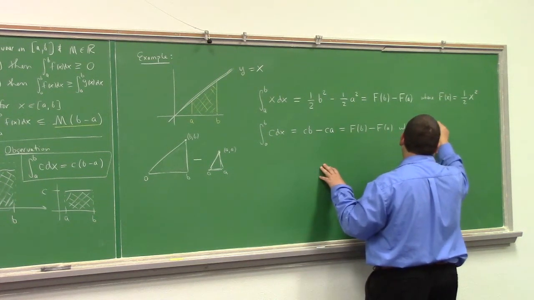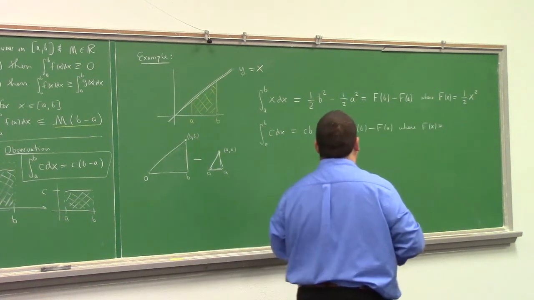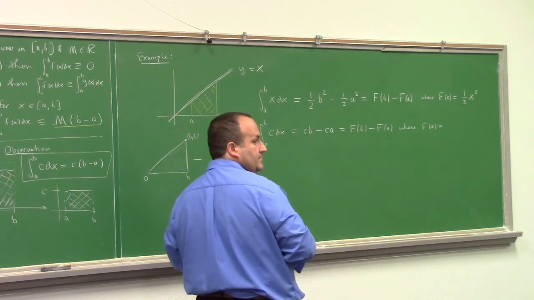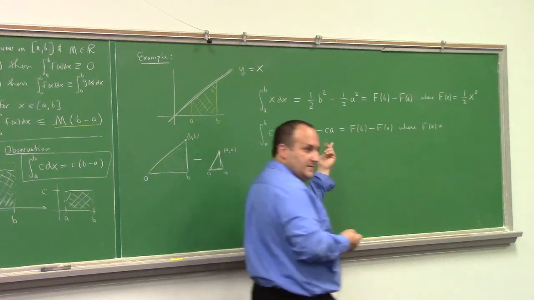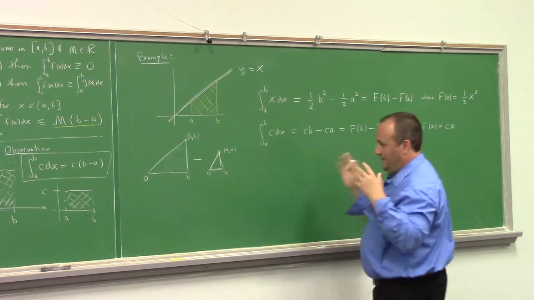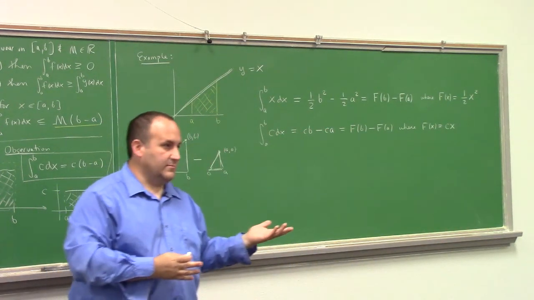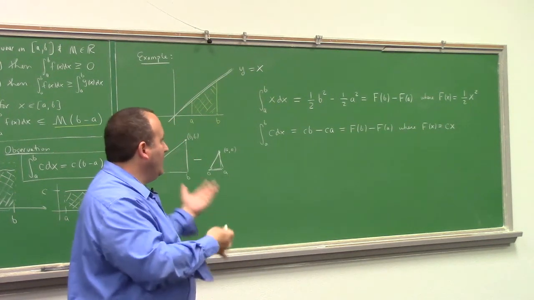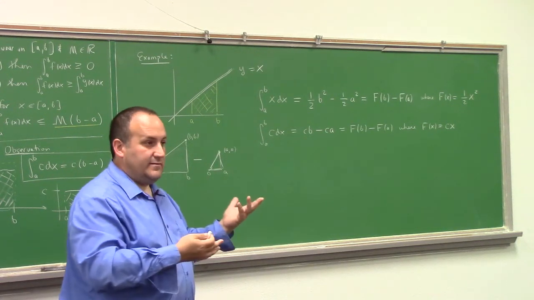Big F(x) is c times x, the formula for big F(x). Now, I'm just making an observation. You may or may not see that pattern, but it's there.